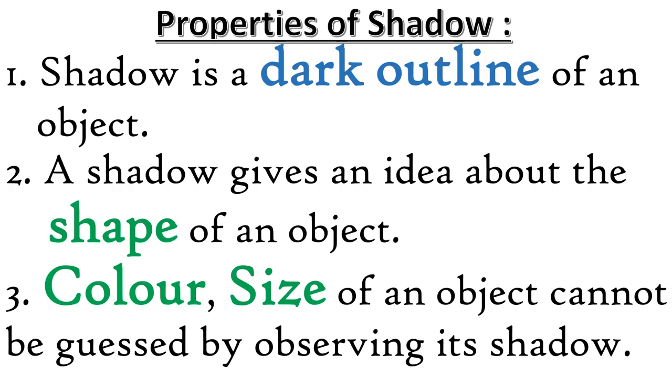Property number 2. A shadow gives an idea about the shape of an object. Property number 3. Color and size of an object cannot be guessed just by observing its shadow.